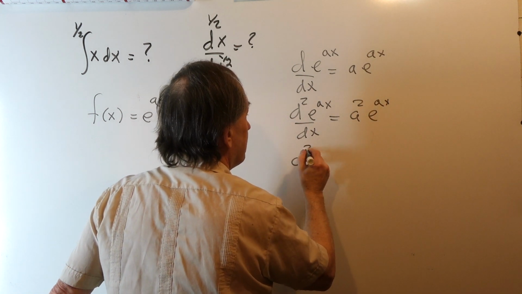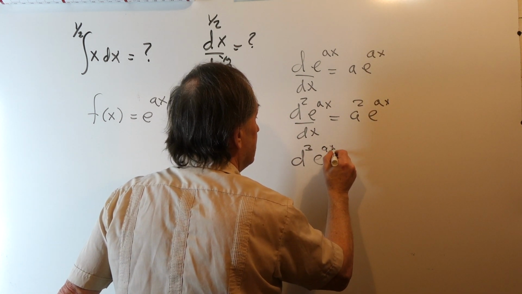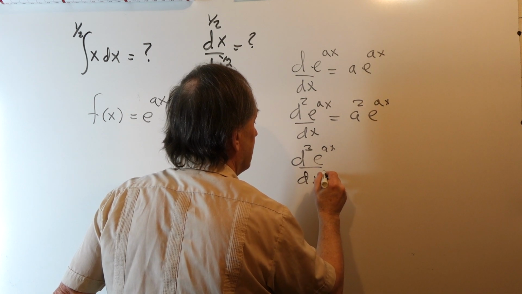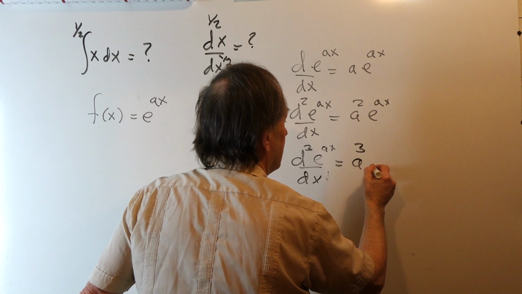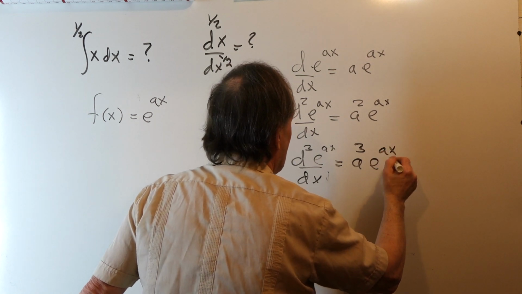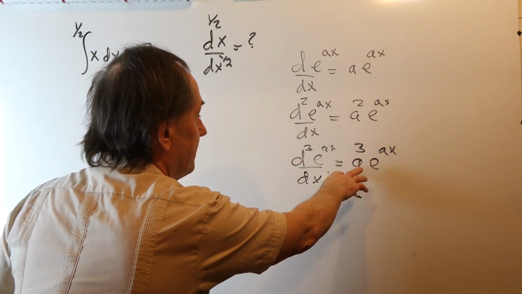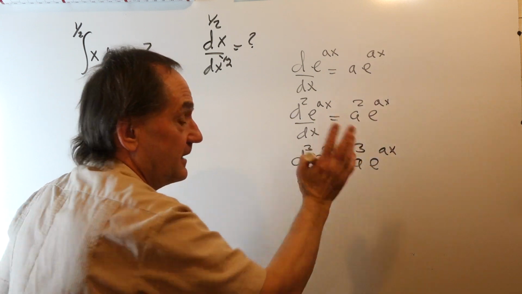And if we take the third derivative of e to the ax with respect to x, we get a cubed e to the ax. And so on. If we take the nth derivative of e to the ax, we get a to the n.